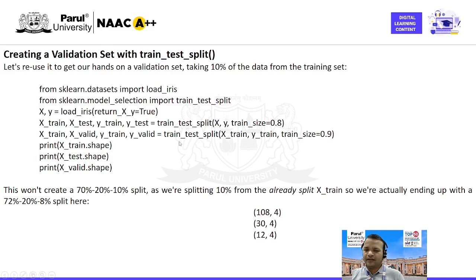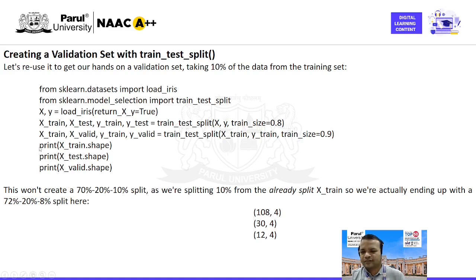Then we apply the train test split method on X and Y, where X is the features and Y is the label. We already gave train size equal to 0.9. That means 90% of the data we use for the training here, along with the validation.